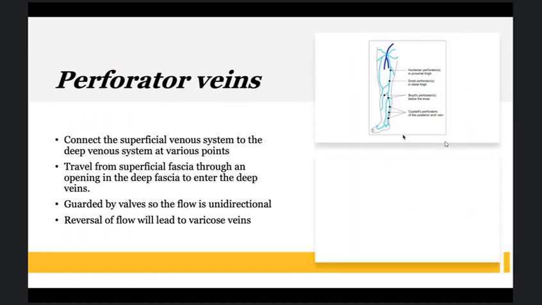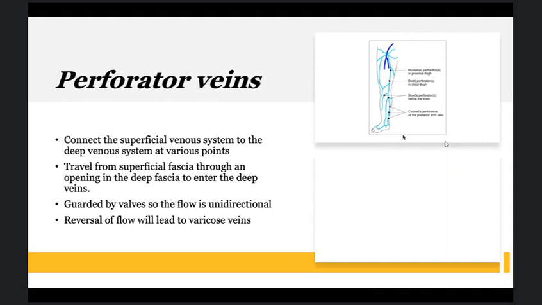Now, what about perforators? Perforator veins connect the superficial venous system to the deep venous system at various points. They travel from the superficial fascia through an opening in the deep fascia to enter the deep veins. They are guarded by valves, so the flow is unidirectional.